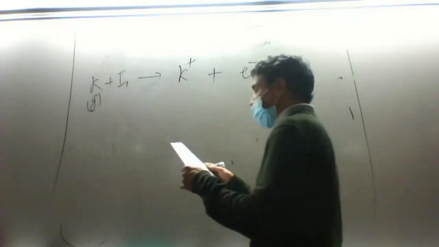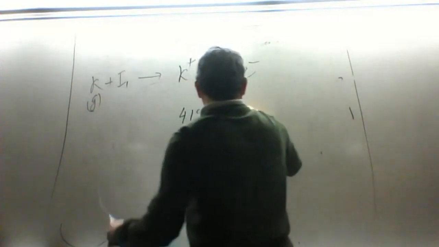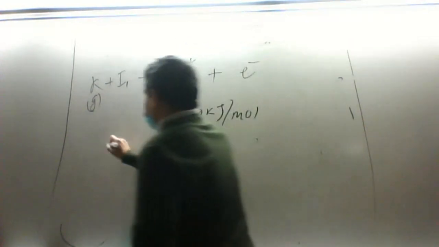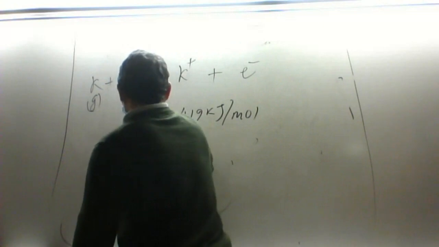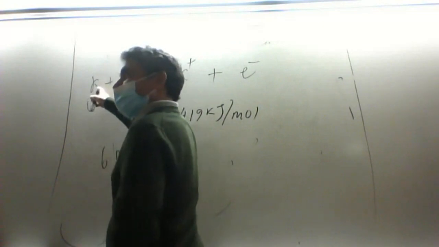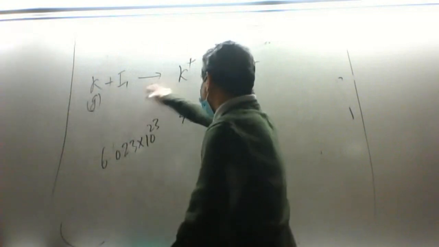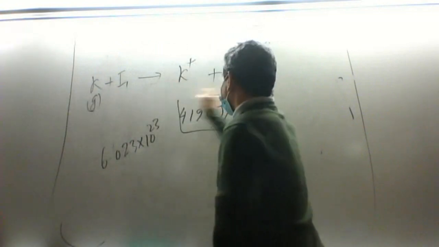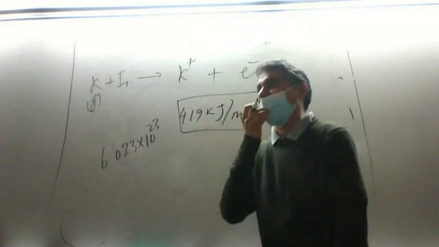So how much energy we should give here is 419 kilojoule per mole. Meaning that if you take 6.023 times 10 to the power 23 potassium atoms, and you want to ionize them like this, you need to give this much heat energy or electrical voltage or something like that.